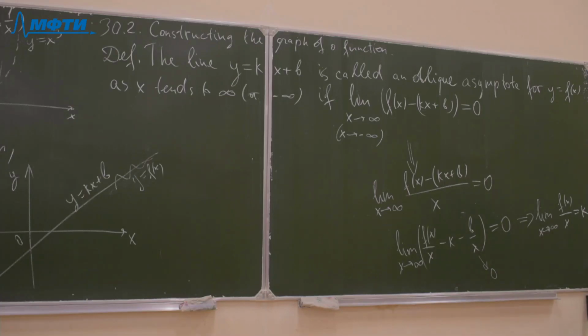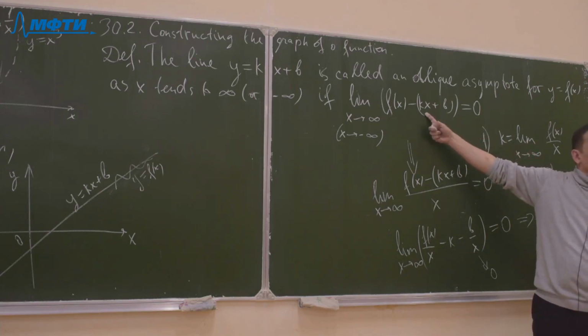And it gives us the rule how to find an oblique asymptote. We compute firstly k equals the limit as x tends to infinity or minus infinity of f of x over x. That's the first step. If such a finite limit exists, then the next step: if we find k, then look at the definition.